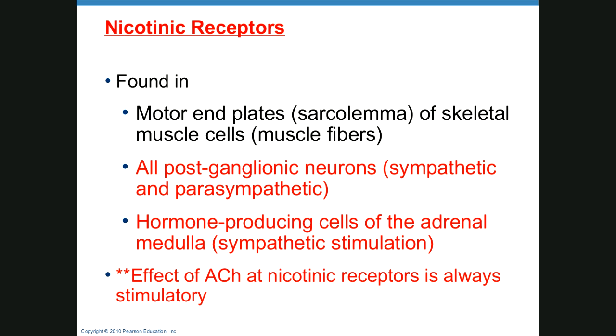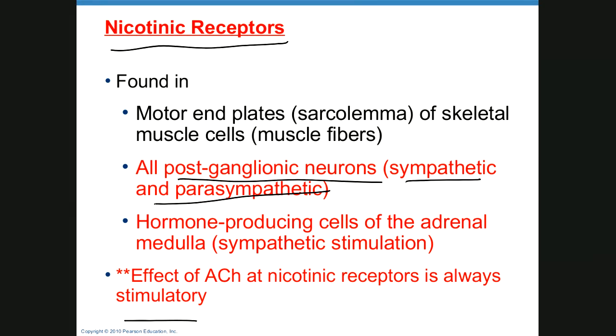Okay, so let me go back here. Again, nicotinic receptors are found in postganglionic neurons of both the sympathetic and parasympathetic nervous system. The receptor is always stimulatory. Nicotinic receptors are also found in the adrenal medulla, as we saw in the picture.